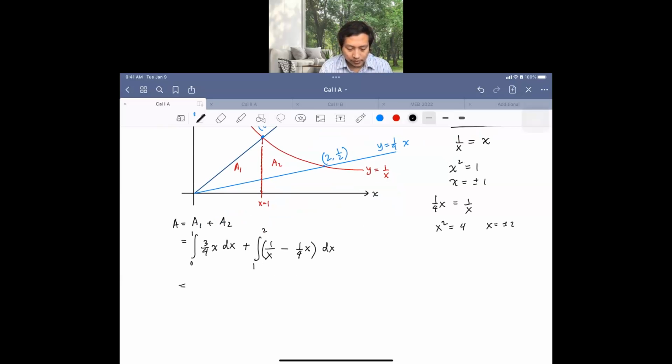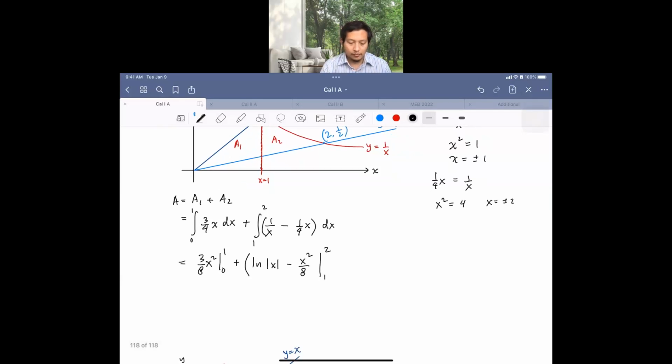Now we can start with this: the first one is 3 over 8 x squared, plus the integral of 1 over x, which will be ln x, and then minus x squared over 8, from 1 to 2.